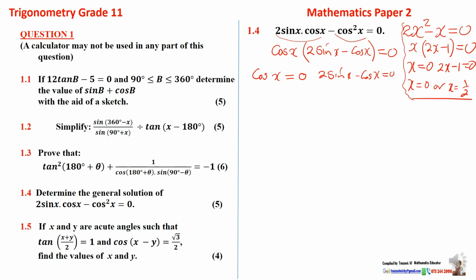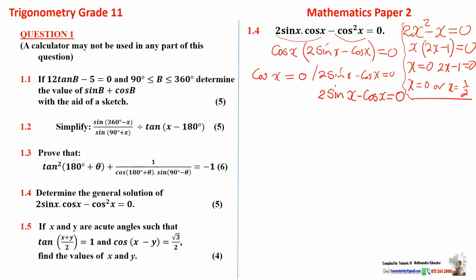Now, of the two equations, the first one, cos x is equal to 0. This one can be solved very easily. So let's carry on with this second one first. If you get an equation that has got sine x and cos x with no other numbers added to the equation, then you can solve the equation using the tan identity.